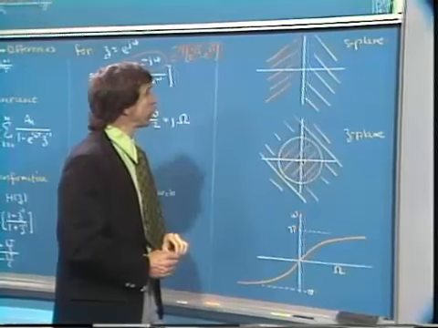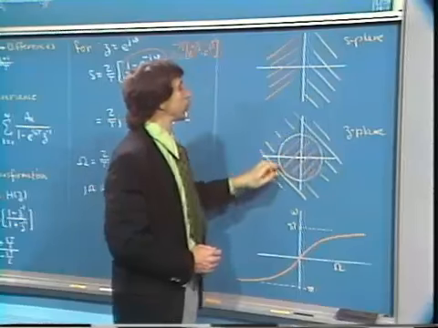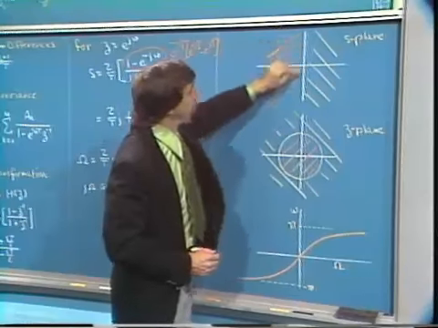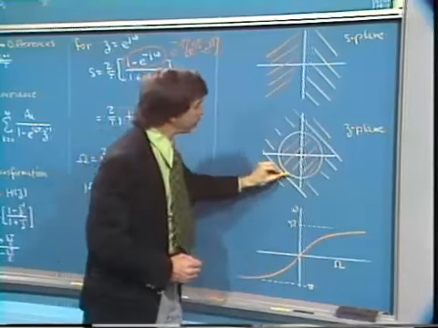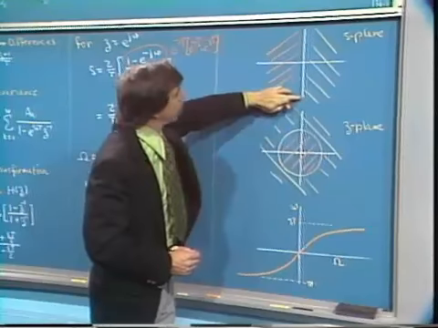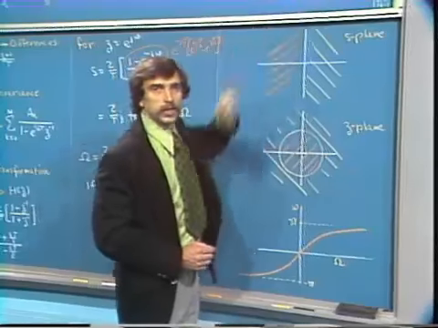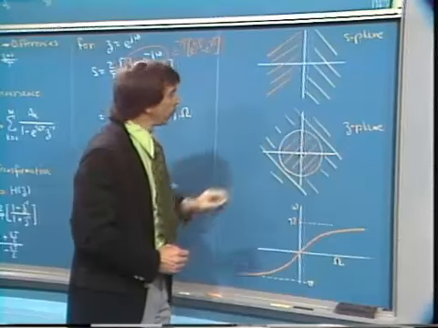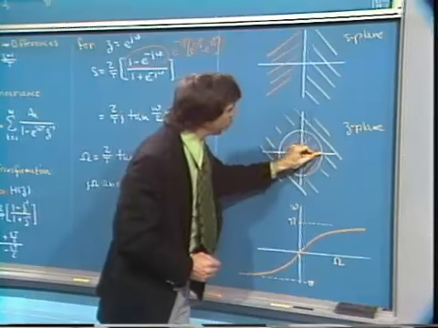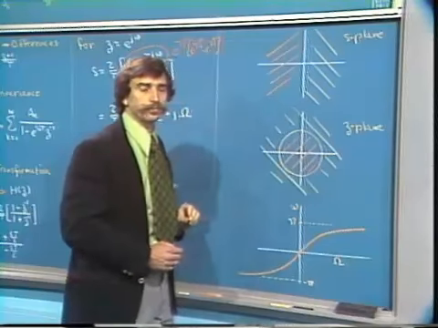We have the relationship between the j omega axis and the unit circle, that the j omega axis gets mapped to the unit circle. And in fact, as capital omega runs from minus infinity to plus infinity, we map exactly once around the unit circle.